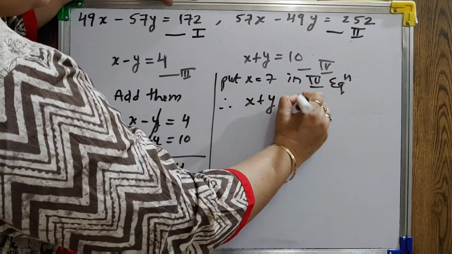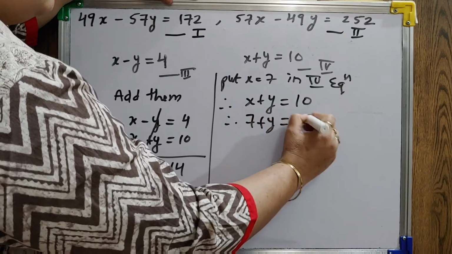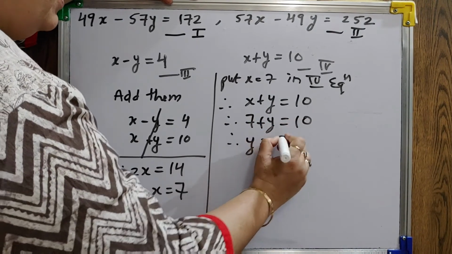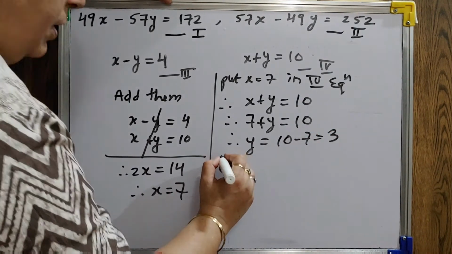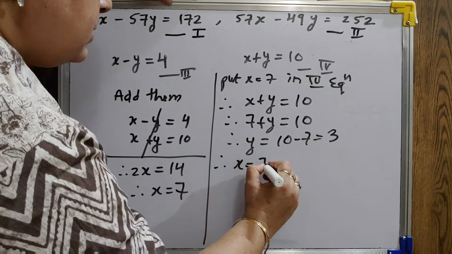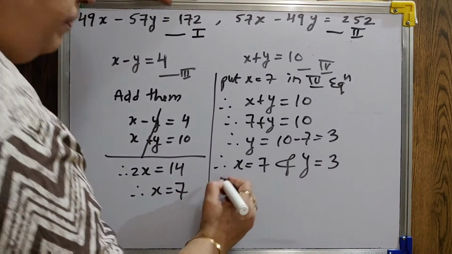Your x plus y equals 10. Instead of x put 7. So your y will be 10 minus 7 equals 3. Therefore, our x is 7 and y equals 3.